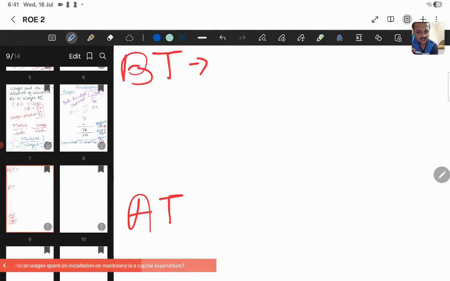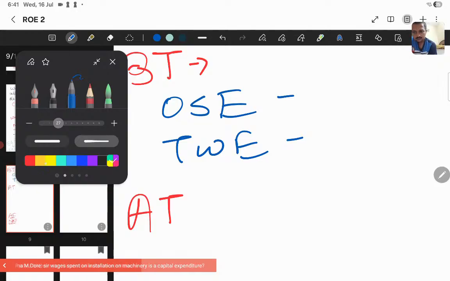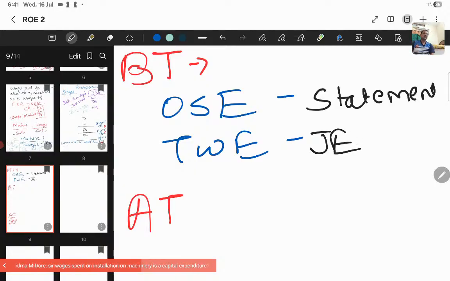If it is before trial balance and if it is one-sided error and if it is two-sided error, what will be the case? If it is one-sided error, we correct it by statement. And if it is two-sided error, we do it with journal entry. Remember, whenever there is two-sided error, it will be rectified only by journal entry and there is no other way to correct it.